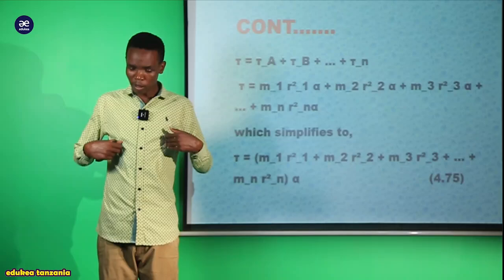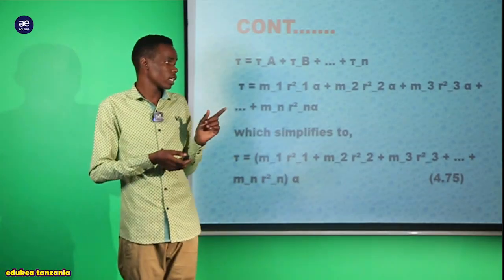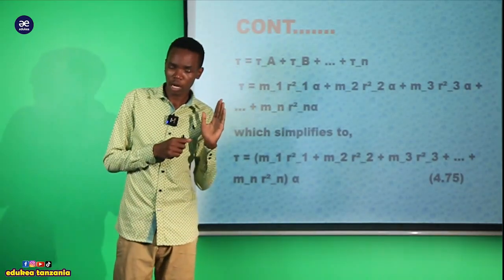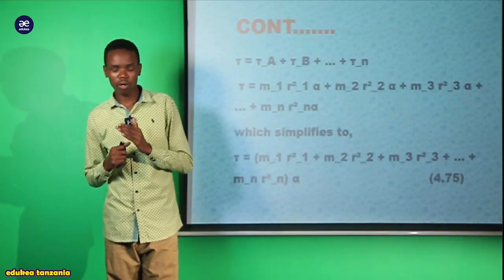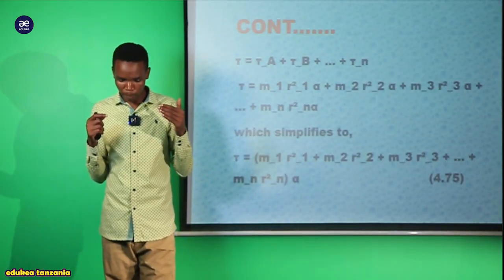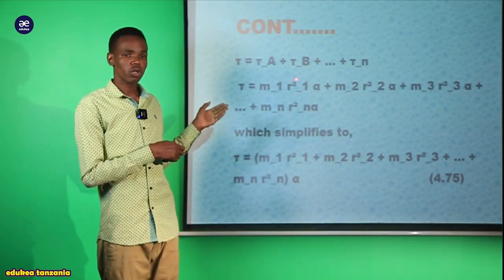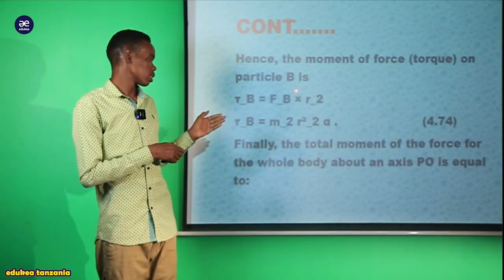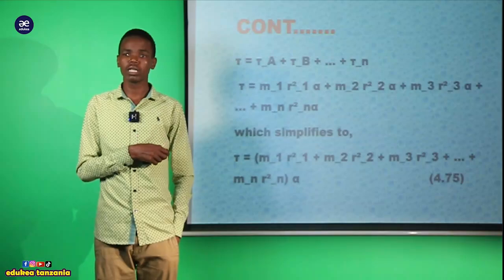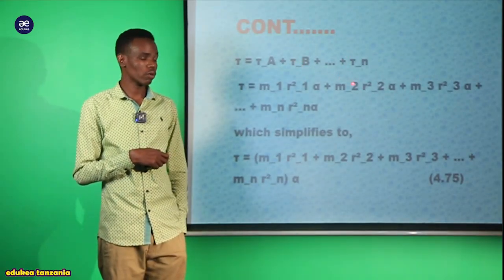We conclude that the torque for the whole rigid body is equal to the torque at particle A plus the torque at particle B. If we have many particles, the total moment of the force for the whole body must be equal to the torque at the point A, then we add the torque at the point B.